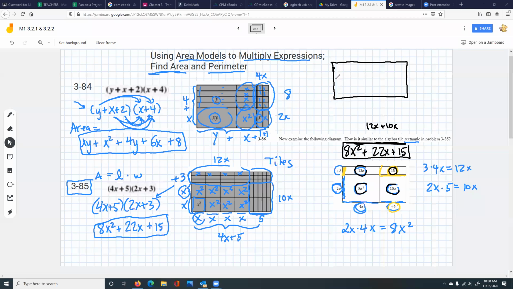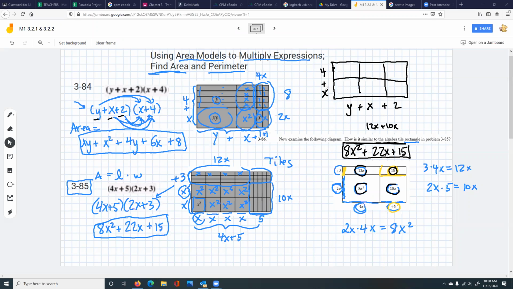This is going to be a 3 by 2, right? Why am I going 3 by 2? Because how many terms does this have? y plus x plus 2. That's why I made it 3, right? And I want to multiply it by x plus 4. So x plus 4, like that.